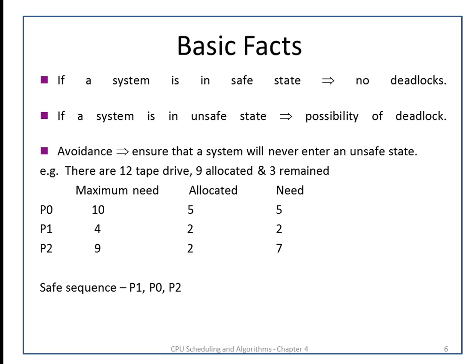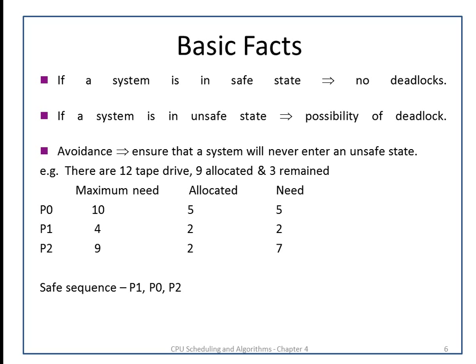So the process P1 execution can be completed and it will return its allocated resources, that is the tape drives, to the system. Now the system has a total of 4 plus 1, that is 5 tape drives. These 5 tape drives are allocated to process P0 and its execution can be performed.